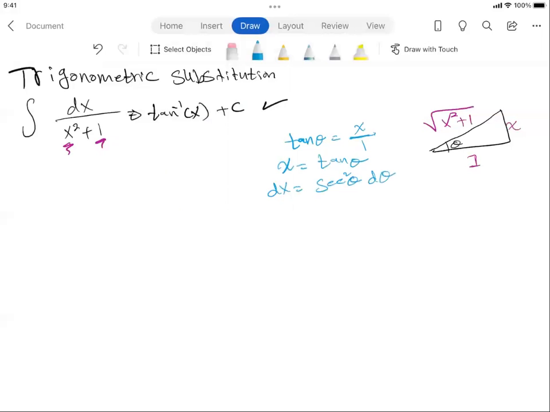If I substitute this into my integral, the problem becomes: dx is simply secant squared of theta d theta, and x squared is simply tangent squared of theta, plus 1.